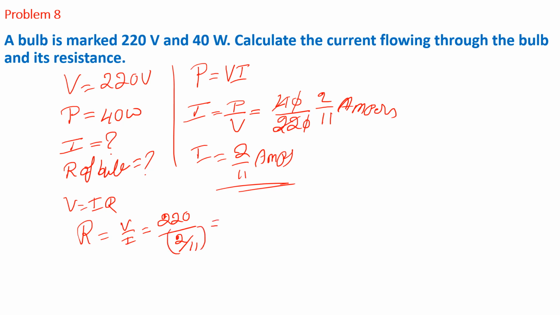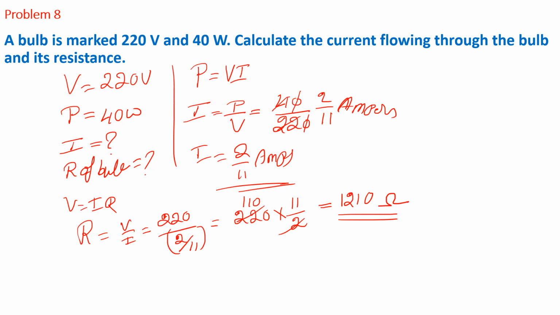So when I take it to the numerator, it is 220 into 11 by 2. 2 ones are 2, 1 tens are 110, into 11, which is equal to 1210. That much of ohms, 1210 ohms of resistance.